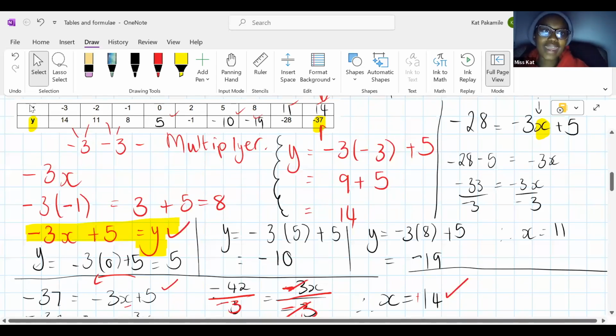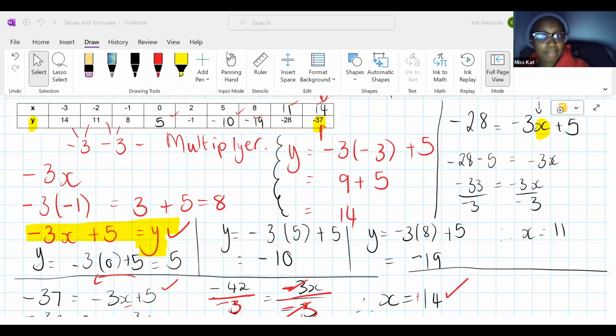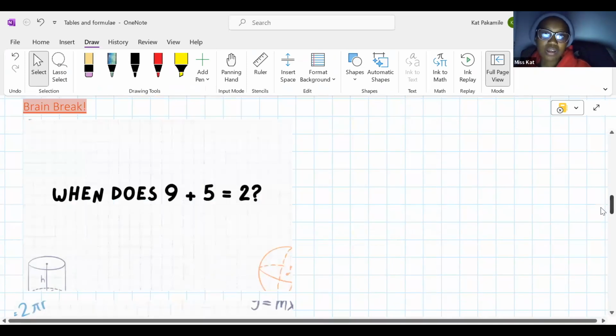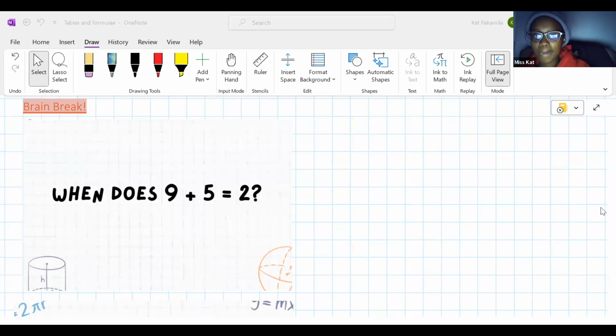Just remember the X is the input and the Y is your output, okay? I hope you understand. There we go. So you're fine, you get it now. Yes. There we go.